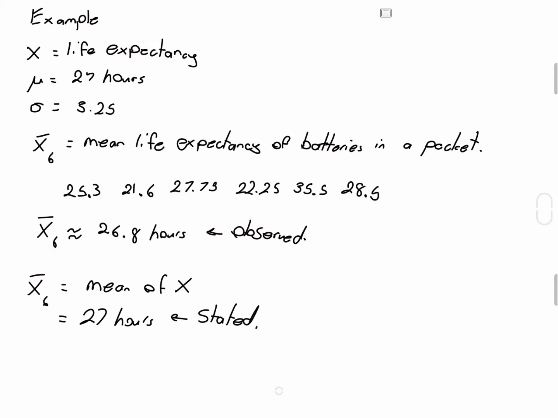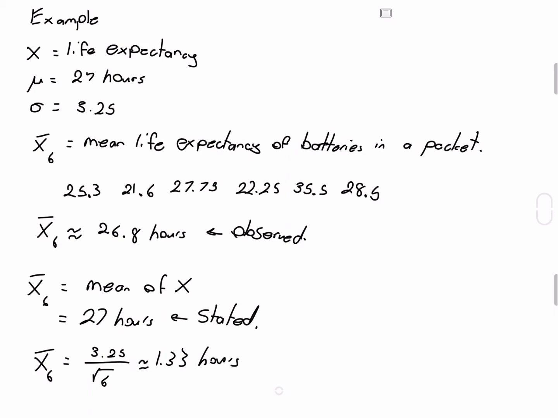The final bit is working out the standard deviation. Well, the standard deviation is just going to be the standard deviation that we're given, which is 3.25, divided by the square root of how many we're taking, in this case 6, which if you plug that into a calculator, is roughly equal to 1.33 hours.